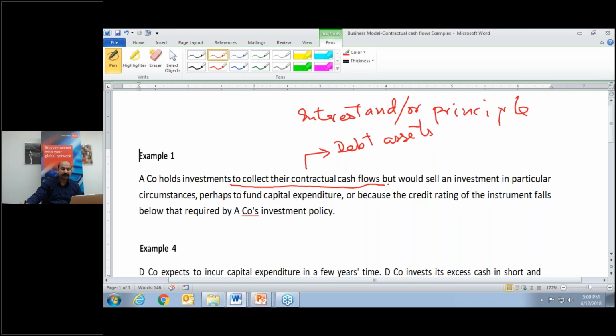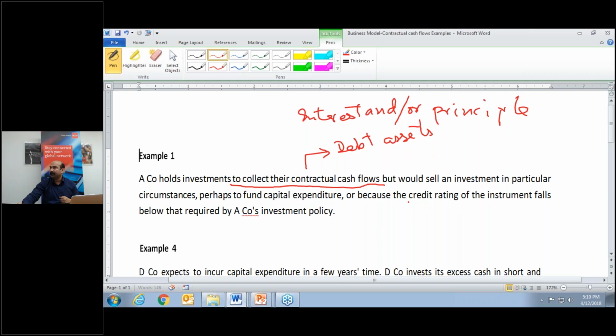So that's why a company can apply amortized cost. Why? Because if sales are infrequent, even then a company can measure the financial asset at amortized cost.